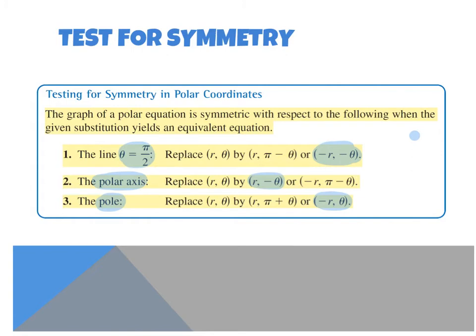No, you can do or. So you can do pi minus theta, or just do negative r and negative theta, which I think is easier. So I highlighted the ones I think are easier; those are all or statements. So for the pi over 2, you change both. For the polar axis, which is your x-axis, you just change theta. And for the pole, you just change r.